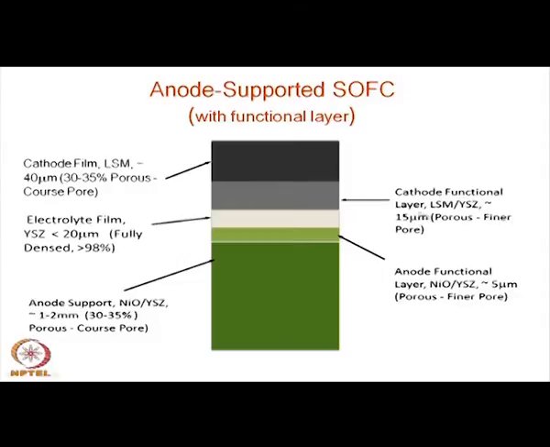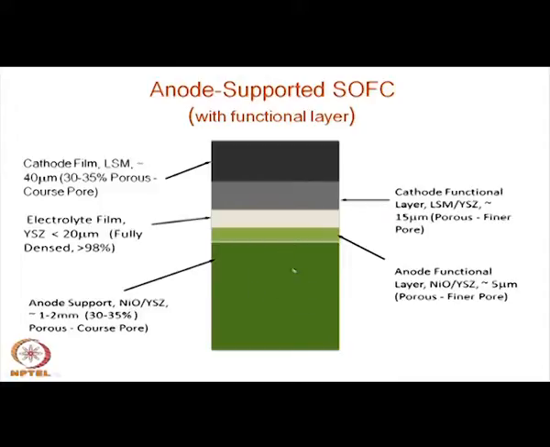Instead of nickel YSZ, we are using LSM YSZ here, a mixture of the cathodic material and the YSZ, which is the electrolyte, and the pores are much finer. So, if you go across these two layers, initially we have a coarse layer, and then in contact with the electrolyte there is a finer layer. The same thing happens on the other side.